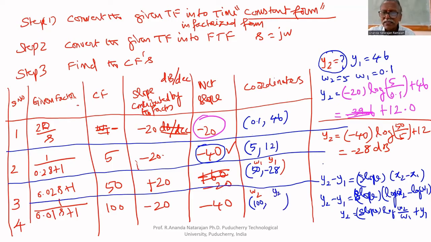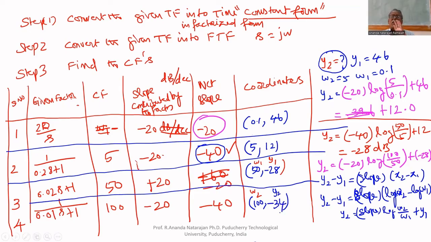Therefore, we can write y2 equal to the previous slope. What is the previous slope? Minus 20 log 100 divided by 50, because omega 1 is 50 and omega 2 is 100, plus y1, which is minus 28. What is the value? Minus 34.